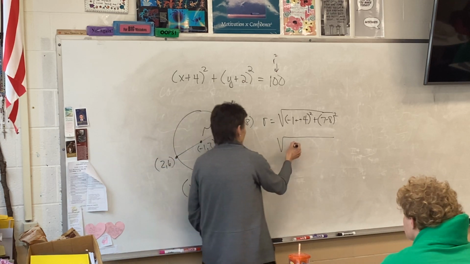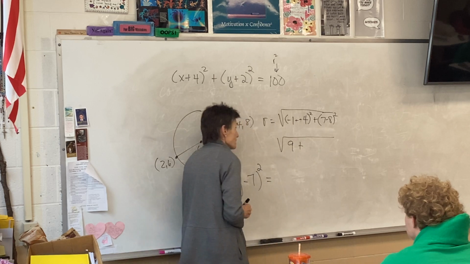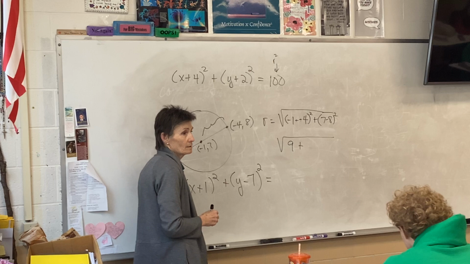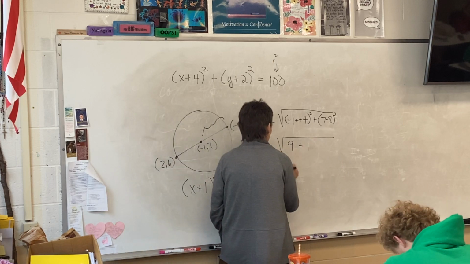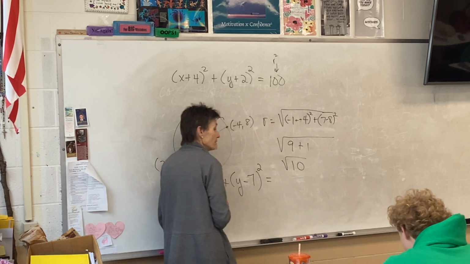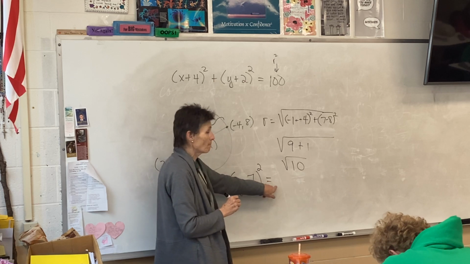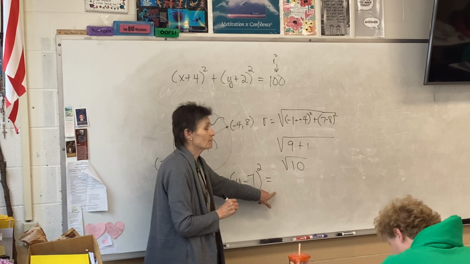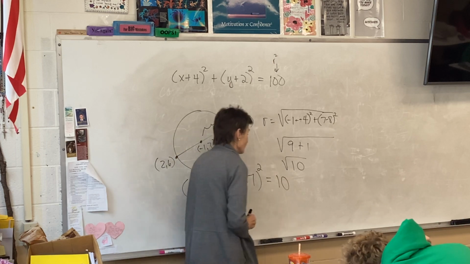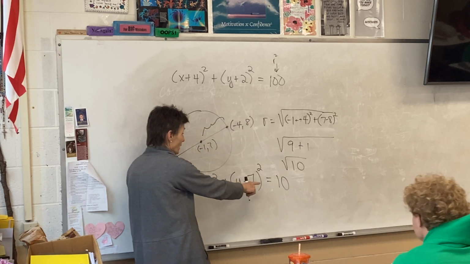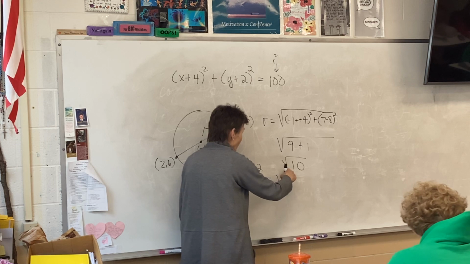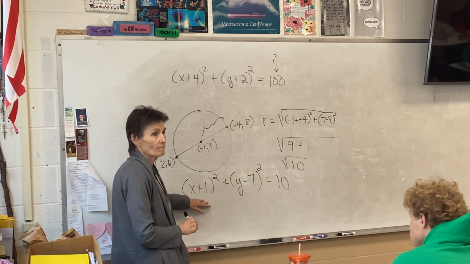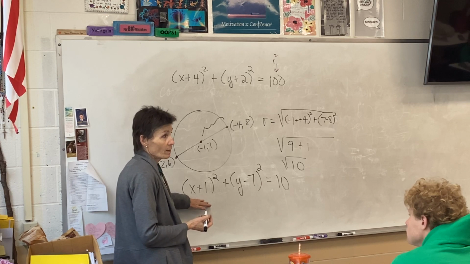Squared is 9. 7 minus 8 squared is 1. So my radius is root 10, which means what number goes in the actual equation then? Plain old 10, r squared. That number is always r squared. So if we square r, we get just plain 10. There's your equation. Okay?